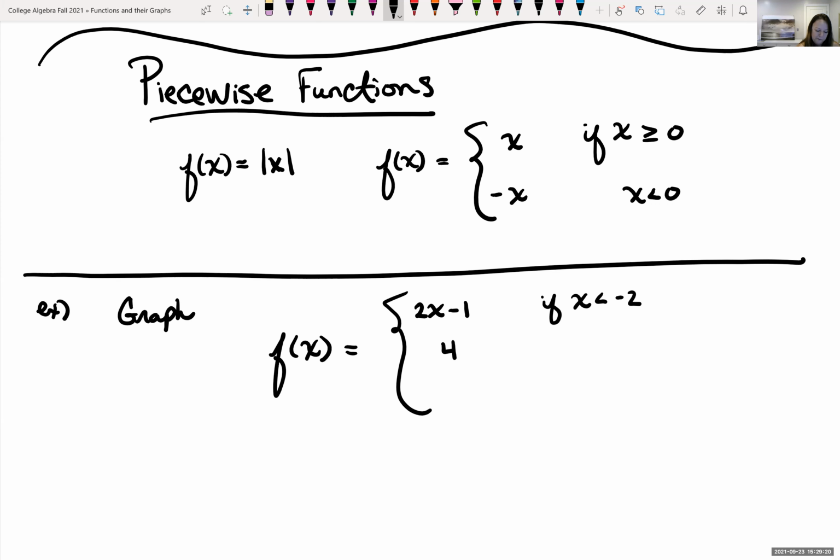How about 4 if x is between and including -2 and 2, not including. And how about x squared if x is greater than or equal to 2?